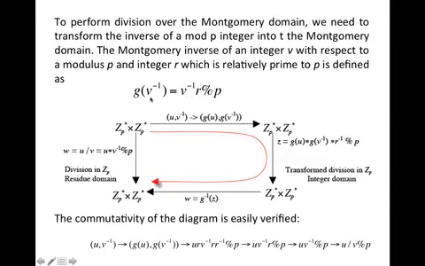That's how it is defined anyway. This is just a number, I multiply it by R, and that is the pair of V inverse in the Montgomery domain.